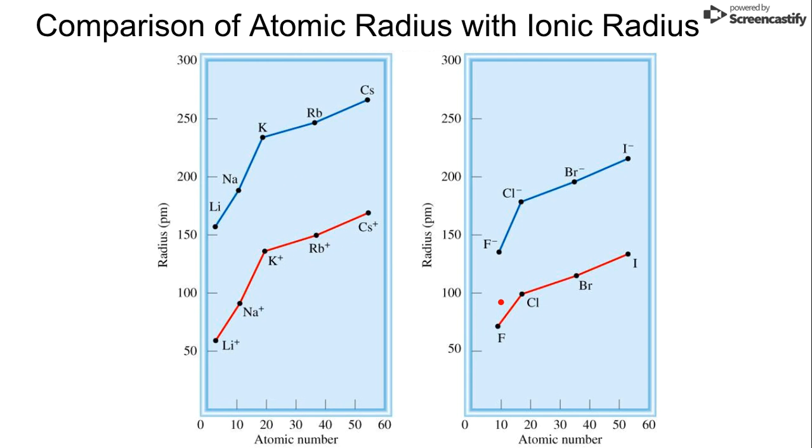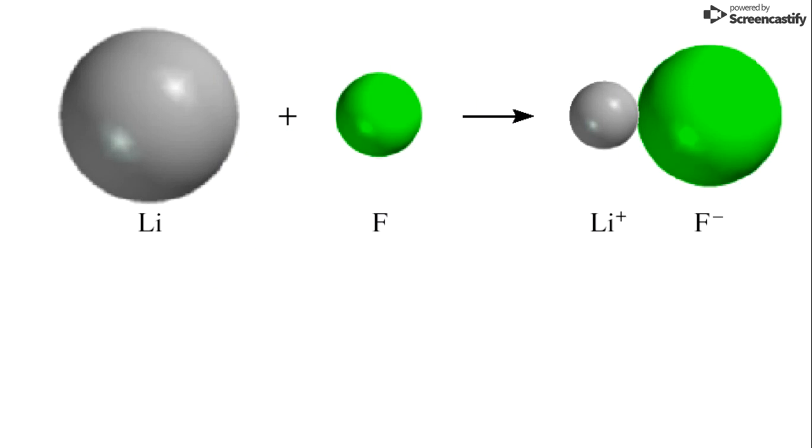The opposite effect takes place when you add an electron. If you're adding an electron, that means the atom now has to account for one extra electron, and therefore things are going to spread out. And so, again, if you lose electrons, things get smaller. If you gain electrons, things get bigger. That can be summarized by this reaction here, where a lithium atom reacts with a fluorine atom.